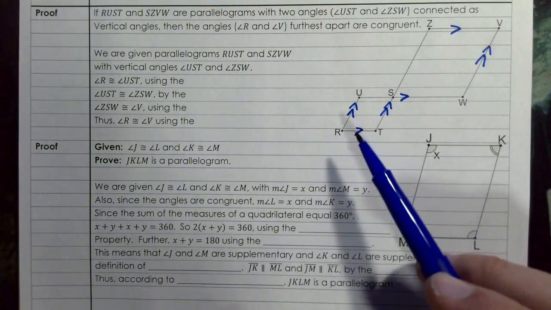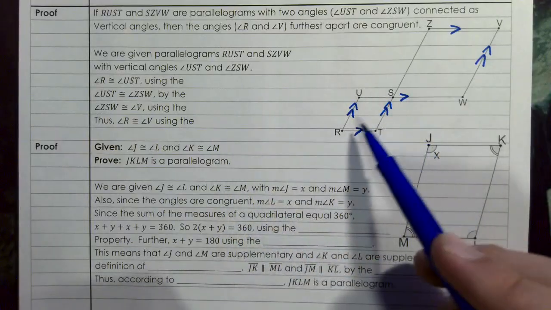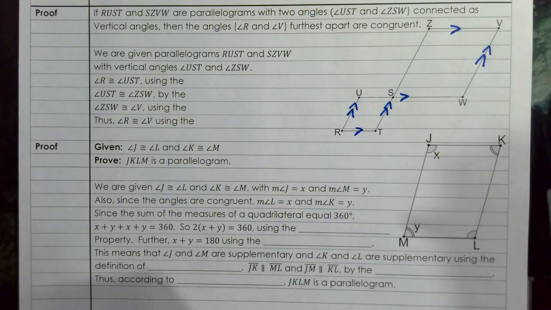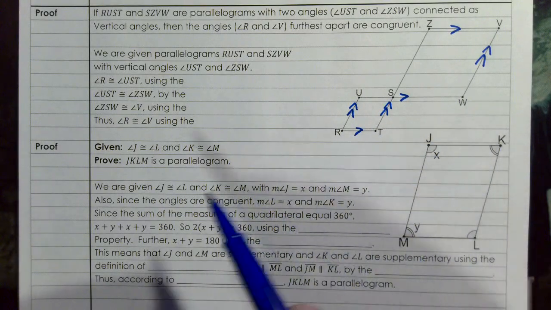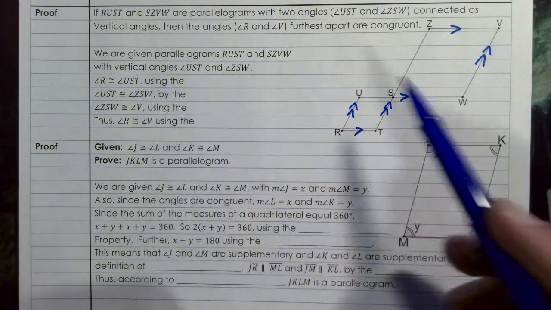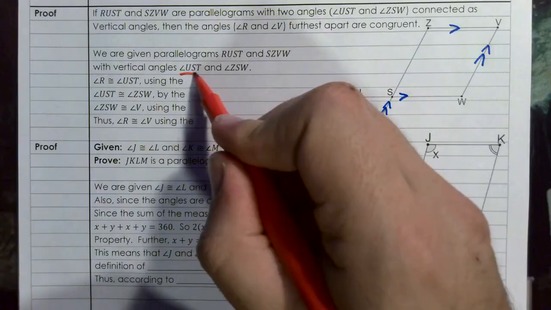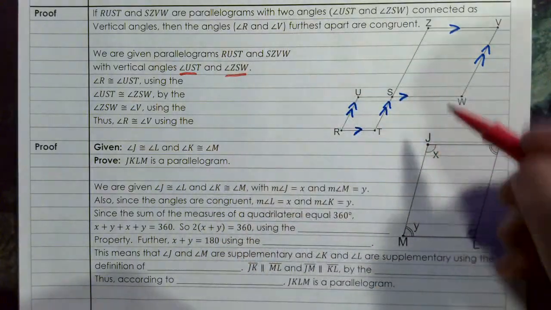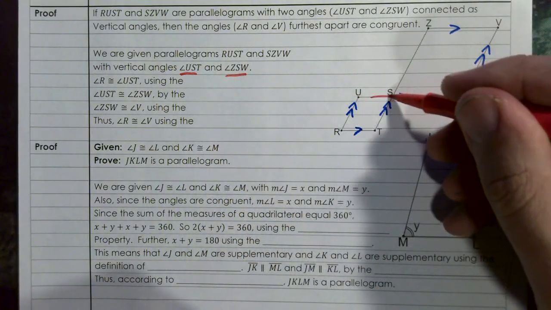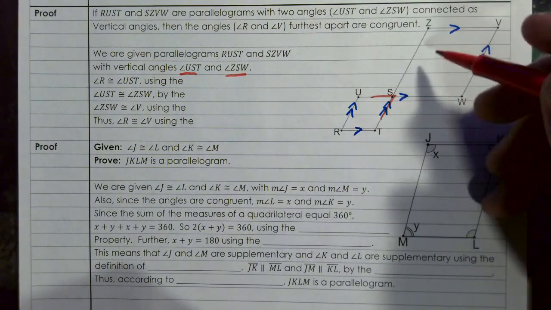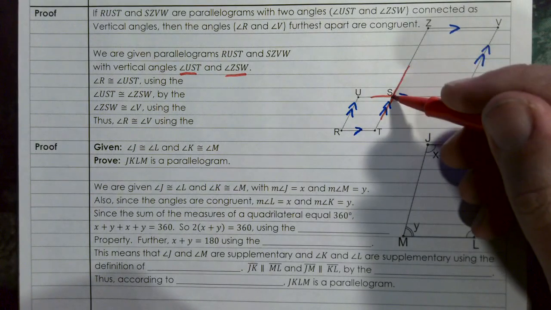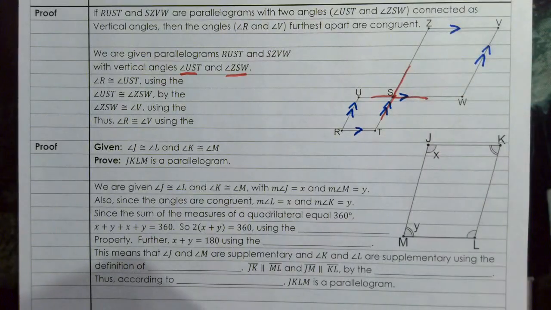Okay, we want to show that this angle and that angle are congruent. So we've got the vertical angles UST and ZSW. UST is the angle right here, and ZSW is the angle right there.